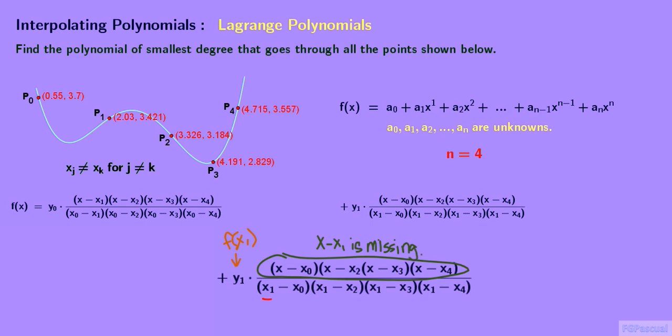In the denominator, x sub 1 leads off each individual linear factor. And for each factor, from x1, we subtract x sub 0, x sub 2, x sub 3, and x sub 4. In short, x sub 1 minus x sub 1 is missing in the denominator.